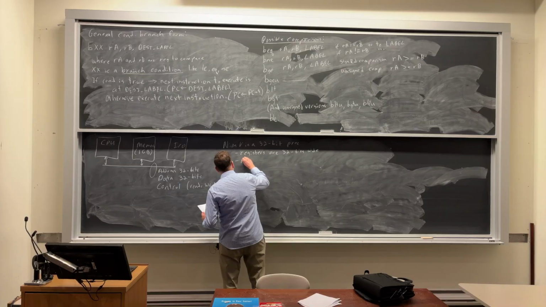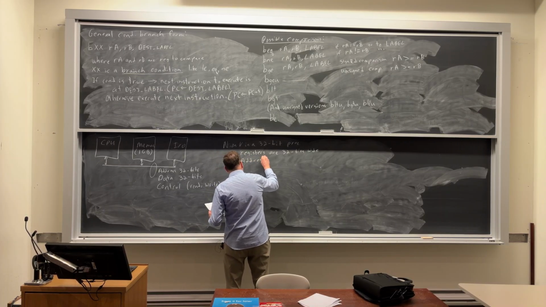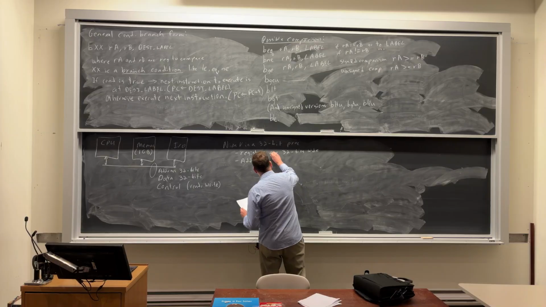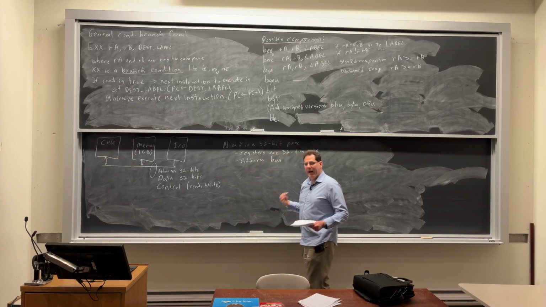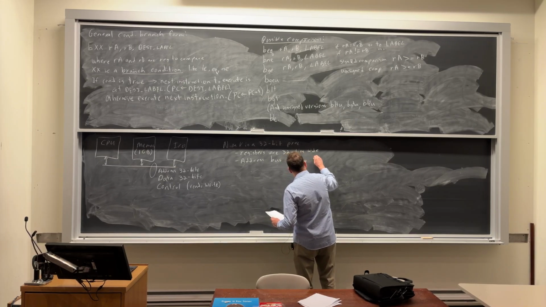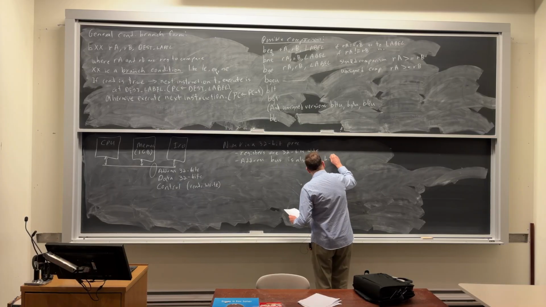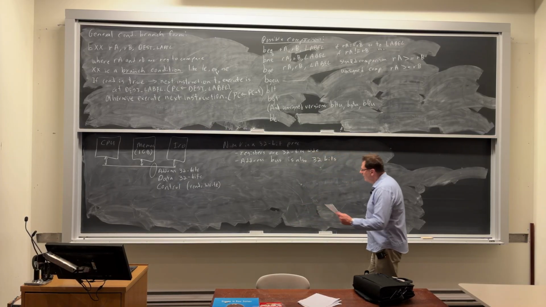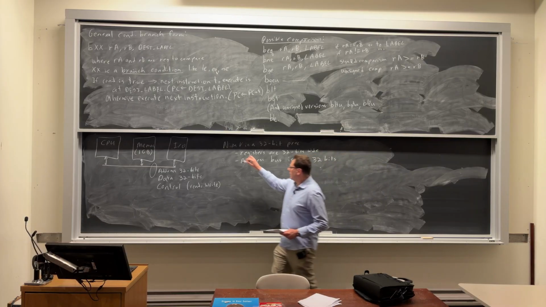And second, the address bus, right, like the size of an address, is also 32 bits. These two things basically go together.